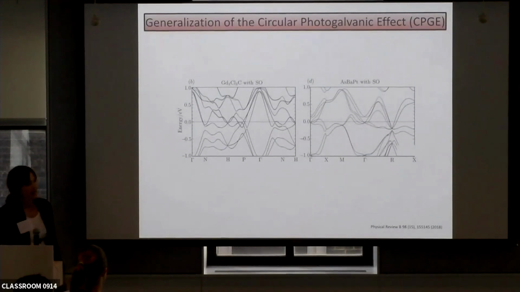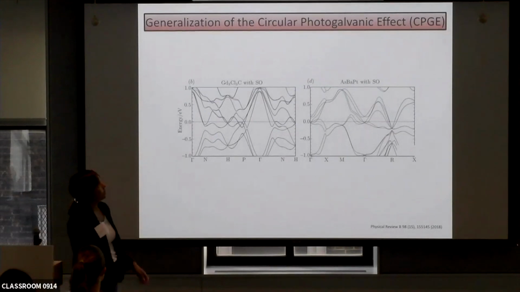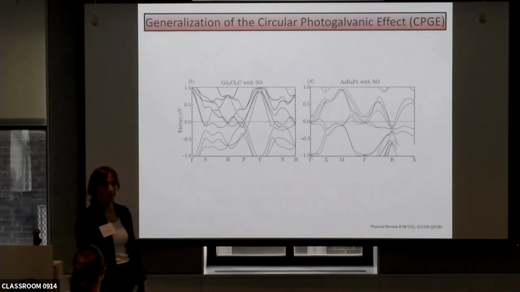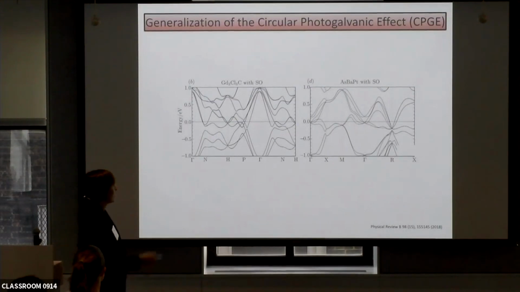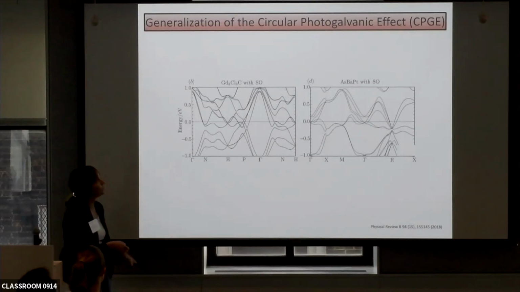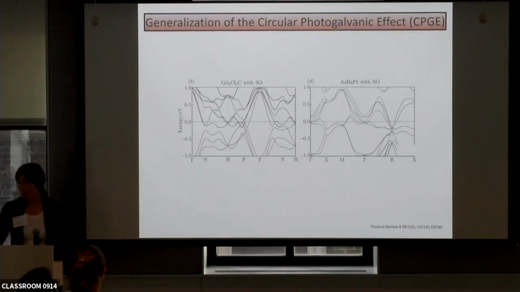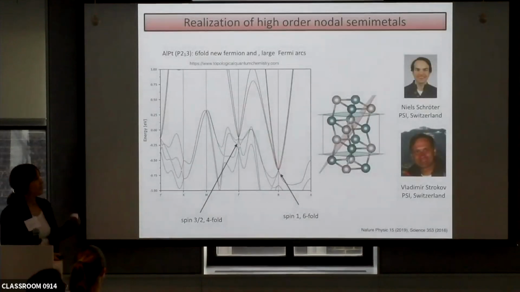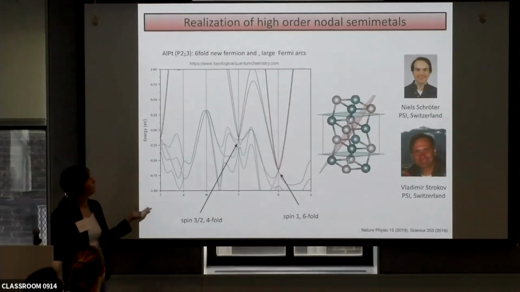Okay. In the same paper, we also presented more materials with threefold crossings close to the Fermi level, because so far no one has measured a material with a threefold crossing, and also another material with a clean band structure with a fourfold crossing also close to the Fermi level.